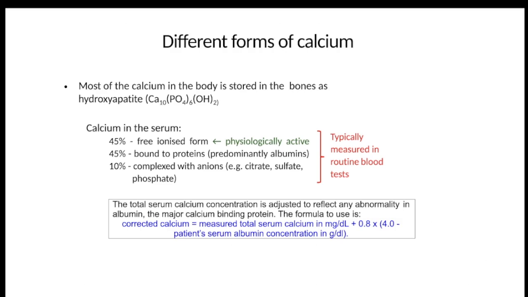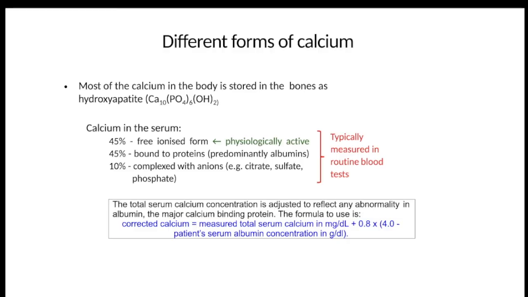So there are multiple forms of calcium in the body. Most of the calcium is stored in the bones as hydroxyapatite, and in the serum it is 45% free ionized, which is the physiologically active type, 45% bound to the proteins, which is predominantly albumin.